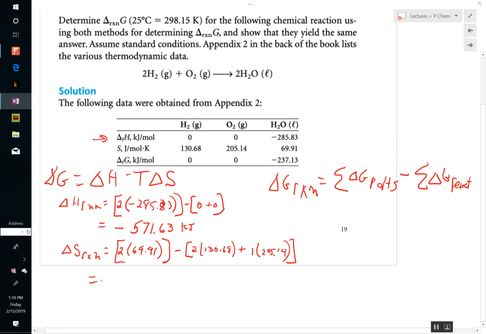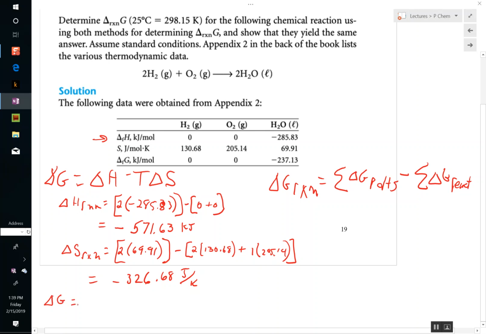So delta S of reaction is negative 326.68 joules per K, right? But now you're going to multiply that by T. So yeah, we got kilojoules there. We're going to multiply by T.